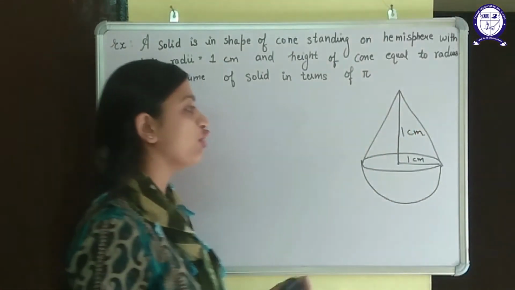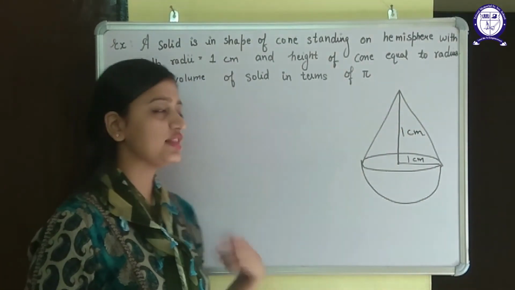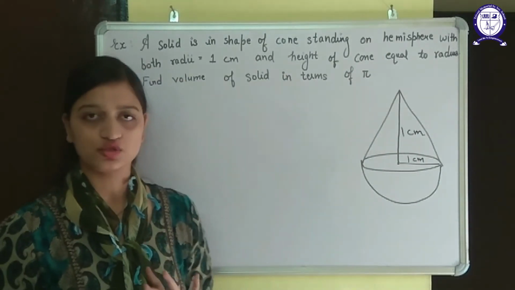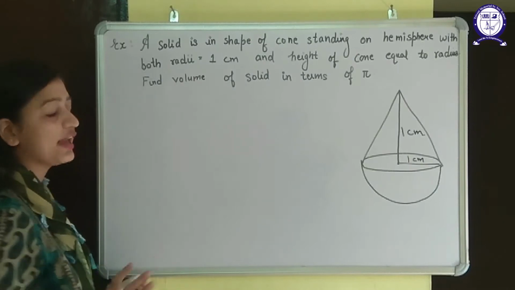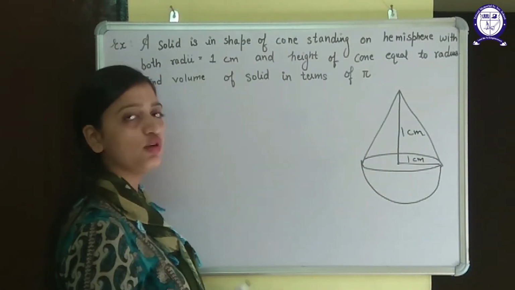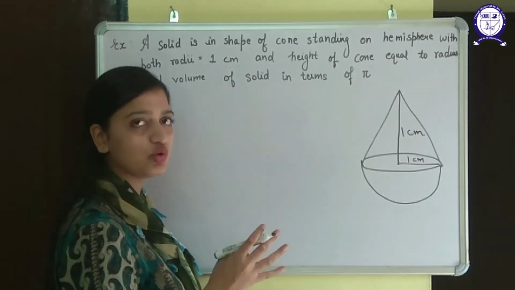We need to find the volume of this object in terms of pi. That means we don't even need to put the value of pi. The answer will be in terms of pi. In the case of volume, I have told you what the formula will be, that is volume of hemisphere plus the volume of cone, because the cone is on the outer part.